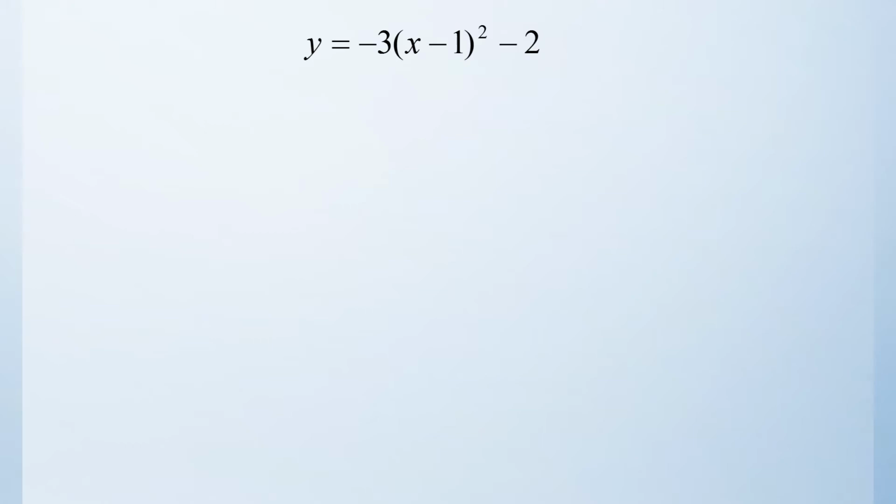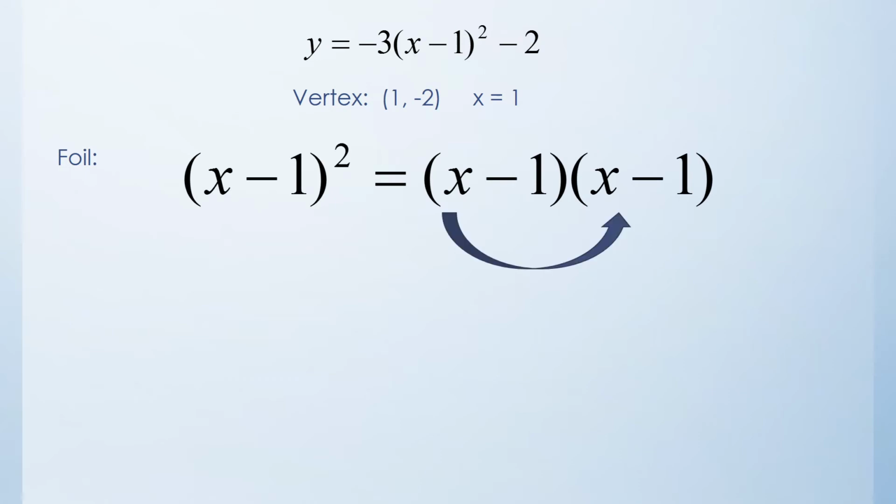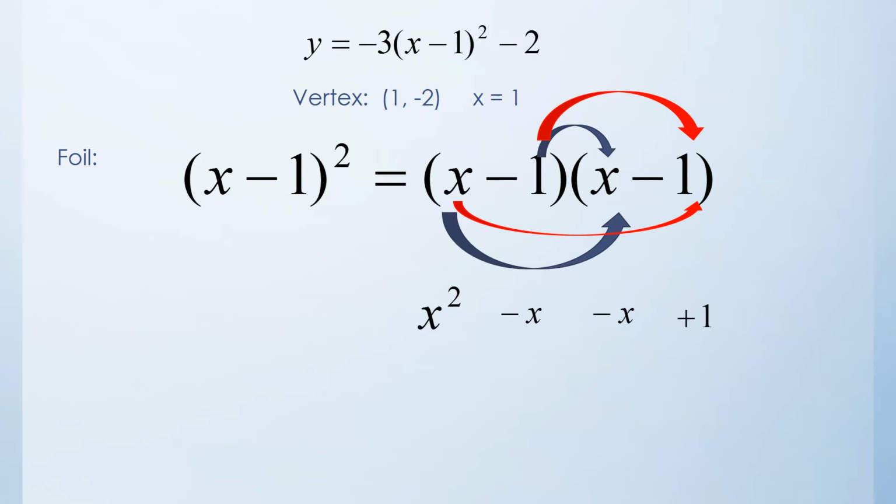Let's do another one. Our axis of symmetry is going to be x equals 1. Our vertex, remember, it's opposite, same, so 1, -2. Now, we are multiplying x minus 1 squared. Again, it's x times x, -1 times x, -1 times x, and -1 times -1 is +1.